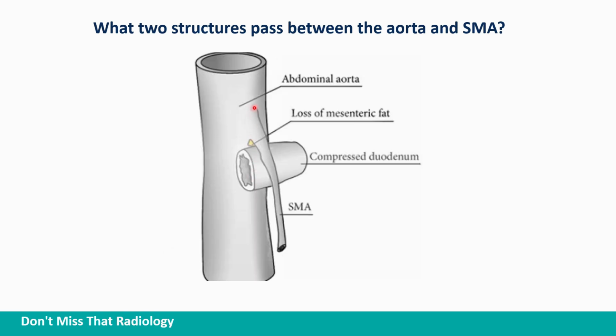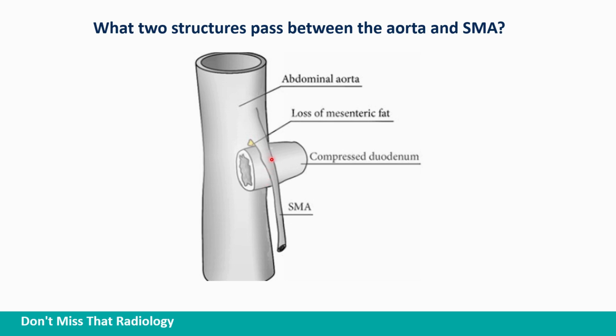Here is a coronal depiction, and this shows the duodenum being compressed. So this would be our so-called SMA syndrome, which we see in younger females who lose weight quickly. Remember, there's a lot of fat in our body, which acts as cushioning, in the retroperitoneum, the peritoneum, and that's one of the things that helps give us cushioning, protection when there's a car crash or something, and also space between the different structures.